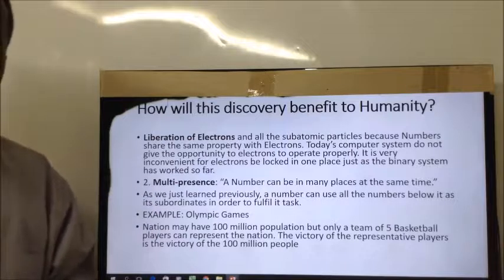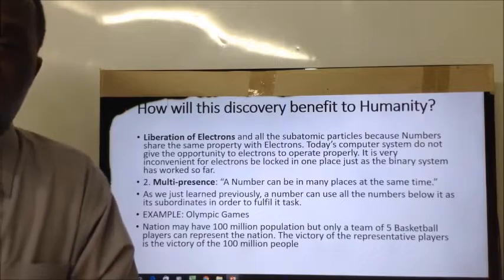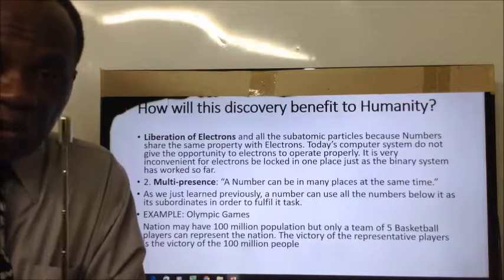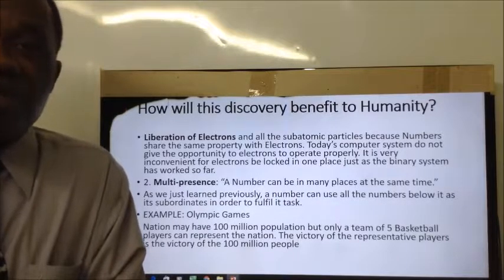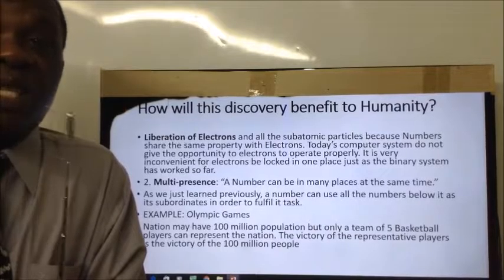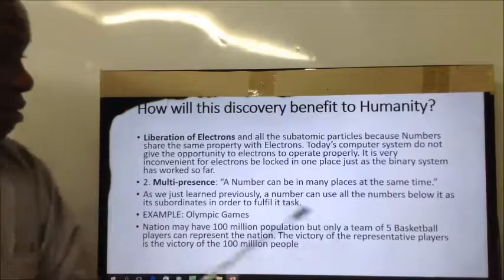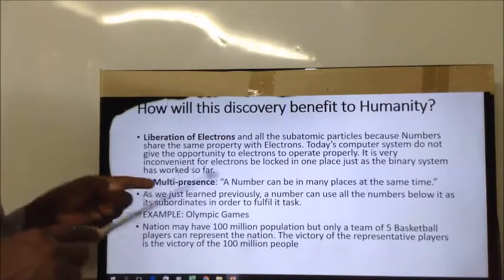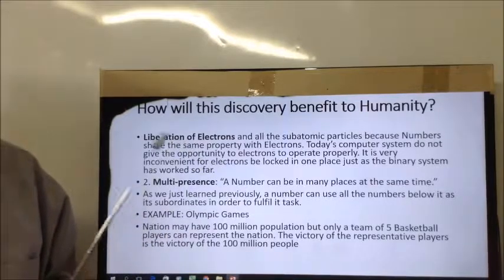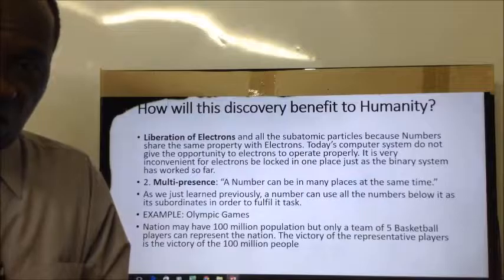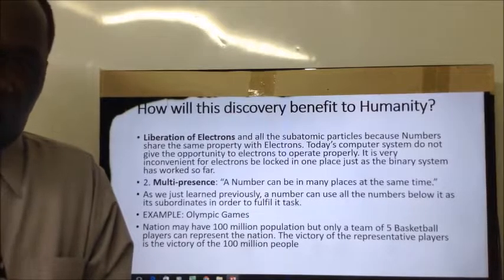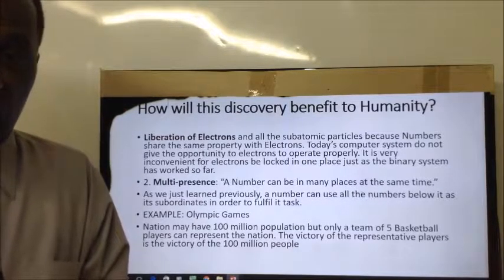And I'm saying this because the system that we are using in our computing process today doesn't allow electrons to be in many places at the same time. We know that we use 2 digits which represent the bits of information. We call zeros and ones.